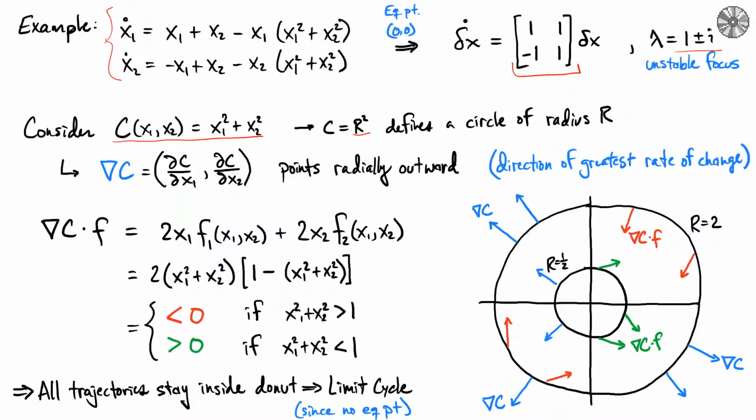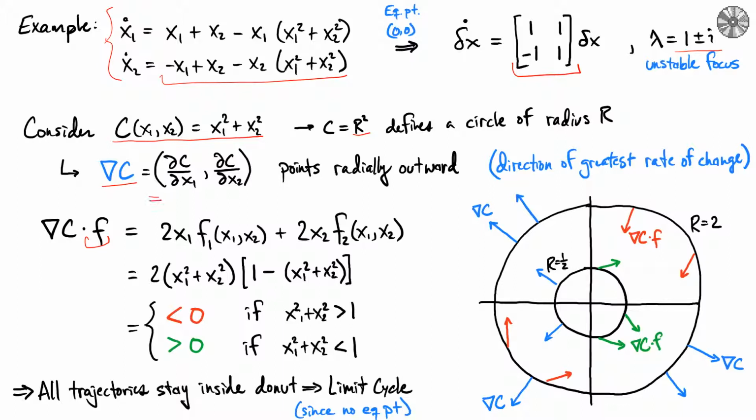And what we're going to do then is evaluate how the f dynamics point along either inside or outside of that circle. To determine that, we're going to define the gradient of this function c, which is simply the partial of c with respect to x1 and the partial of c with respect to x2.